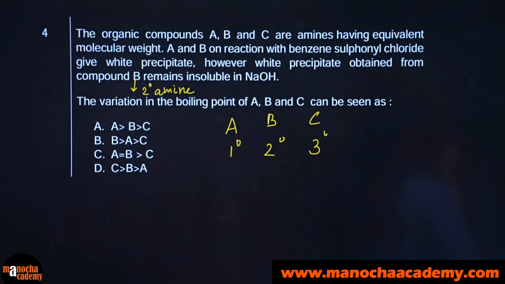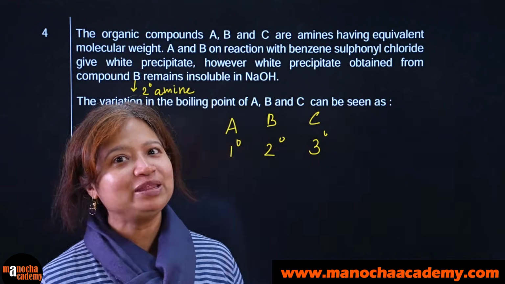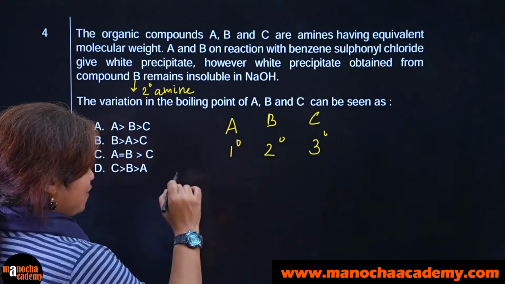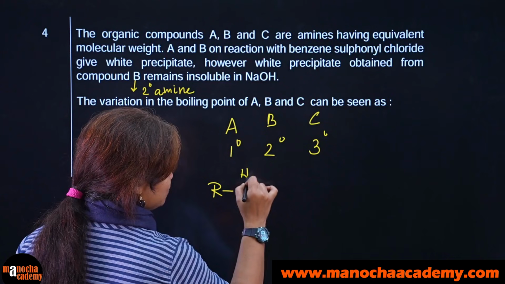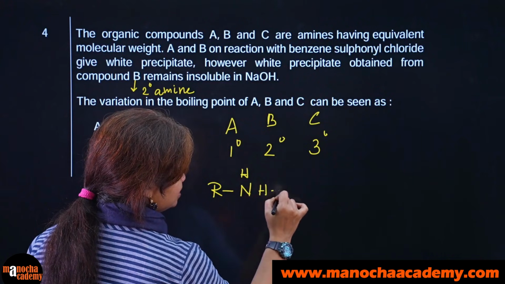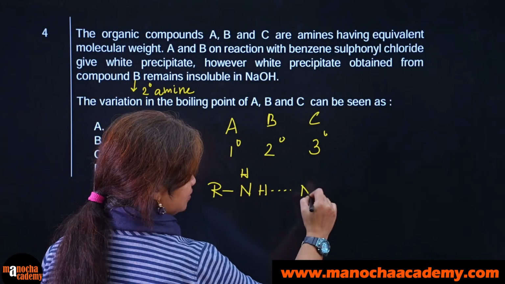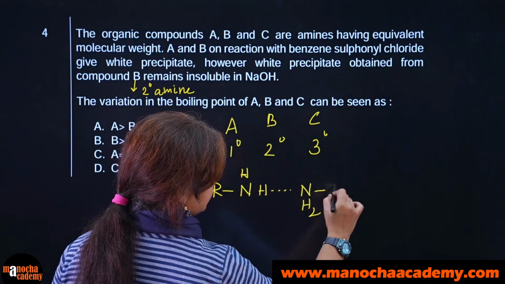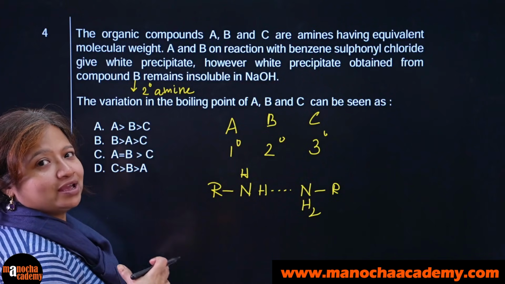For secondary and tertiary amines, you also have to consider that boiling point depends on the intermolecular hydrogen bond for the amine part, isn't it? For primary amines, if you look, this is one hydrogen, this is one hydrogen. This can form an intermolecular hydrogen bond with another amine. If I take here, this also can form, isn't it? So the molecule becomes more associated.